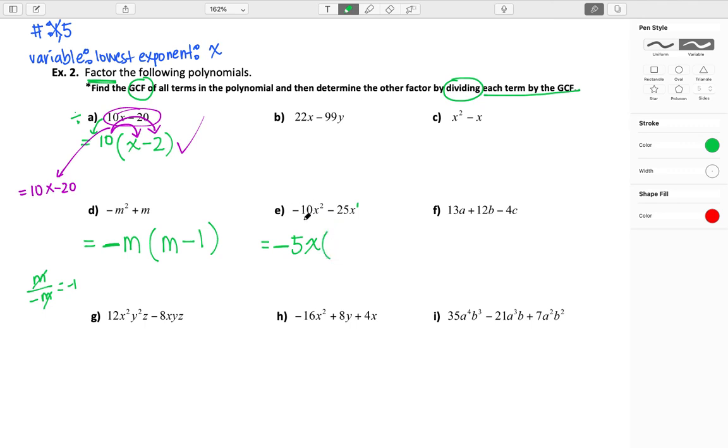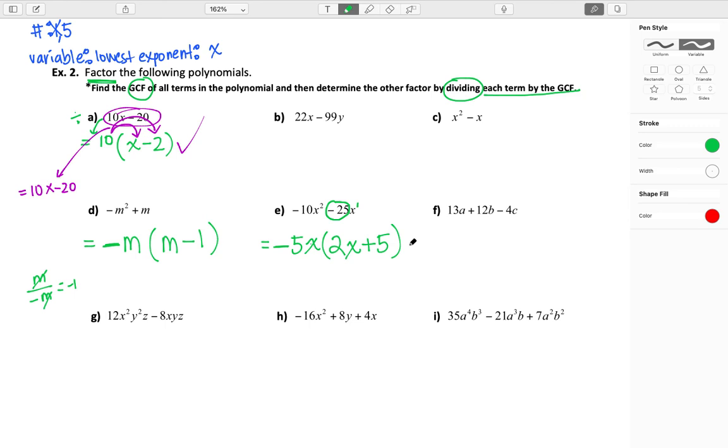What's negative 10 divided by negative 5? Positive 2. And x squared divided by x is x. Next, what's negative 25 divided by negative 5? It gives you positive 5. And x divided by x cancels out, and that's your final answer.